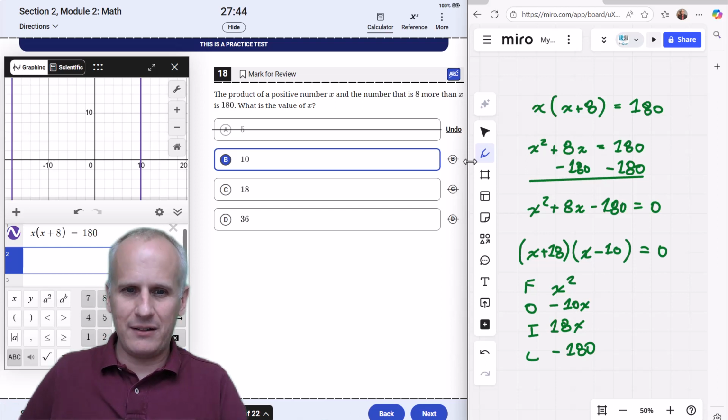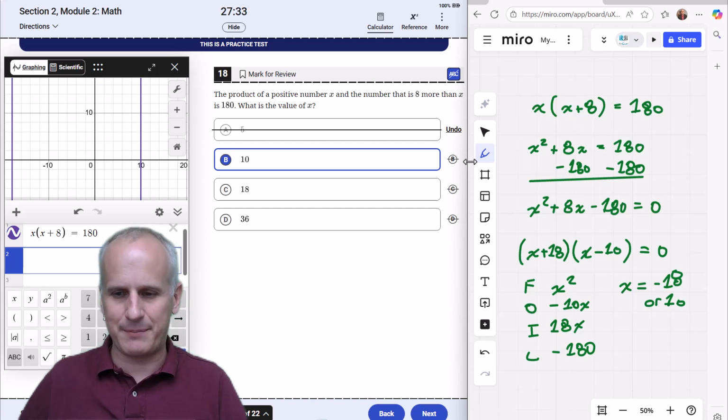So x could be equal to either negative 18 or positive 10. And they said it's a positive number at the outset, so it's got to be the 10 solution.